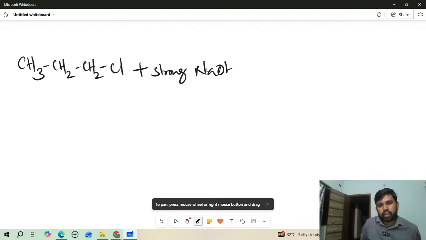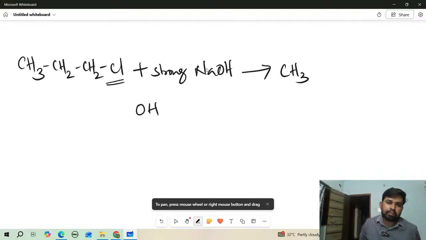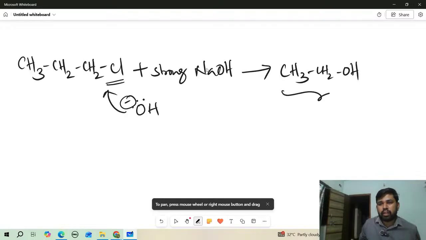Then the Cl group is replaced by the OH group, forming CH3CH2CH2OH. This is how we prepare the primary alcohol.